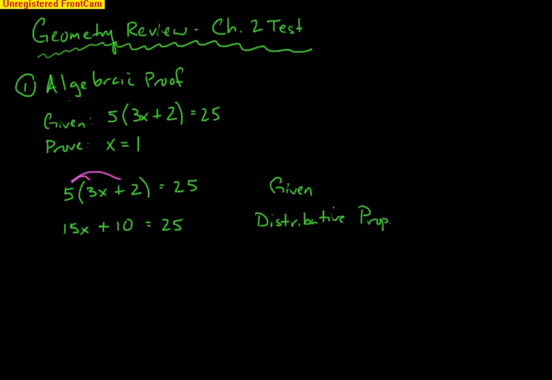Then the next thing we will do is subtract 10 from both sides. So your next statement would be 15x = 15, and again you subtracted 10 on both sides, so your reason is the subtraction property.